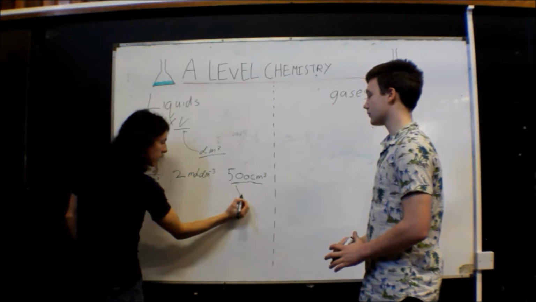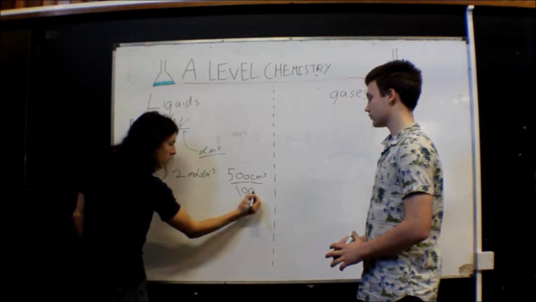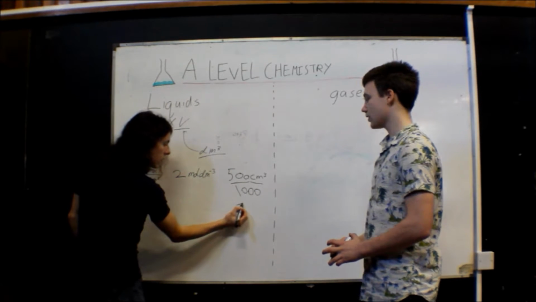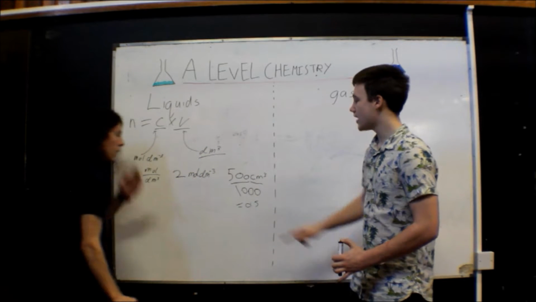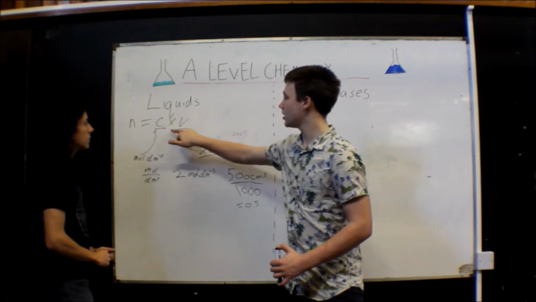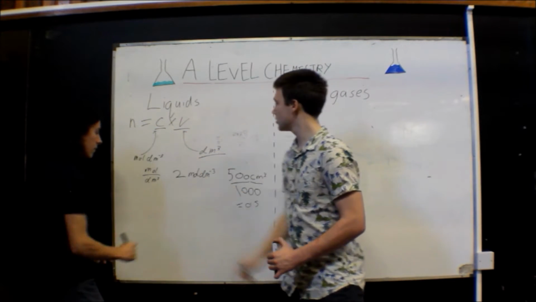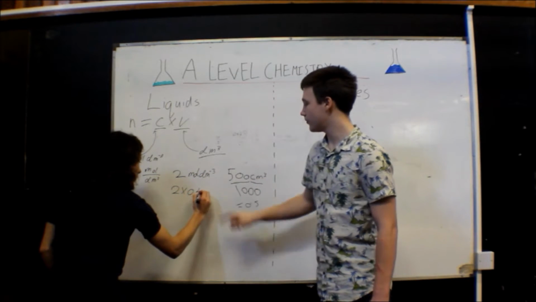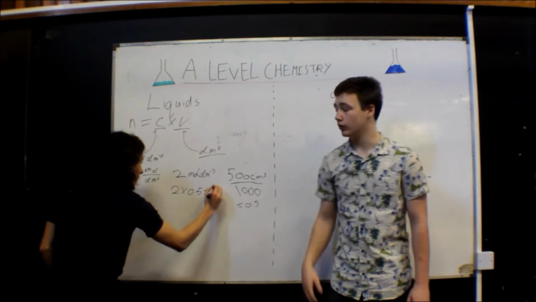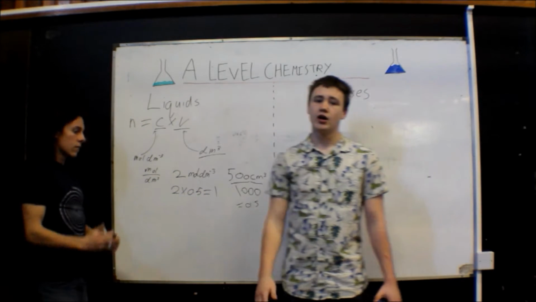As you remember, we divide this by 1,000, and that gives us 0.5 decimeters cubed. Now we can go ahead and apply C times V to work out moles. Concentration of 2 times volume 0.5 is exactly 1 mole.